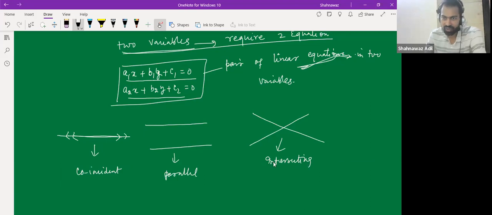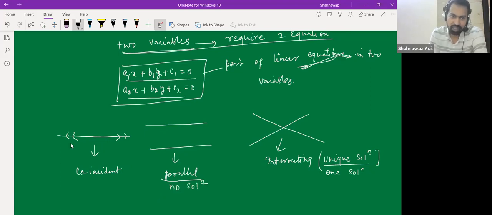Okay. So whenever we have intersecting lines, we have a unique solution. Unique solution meaning that you have only one solution. Whenever we have parallel lines, you can see that they are not coinciding at any point. So then we will have no solution.